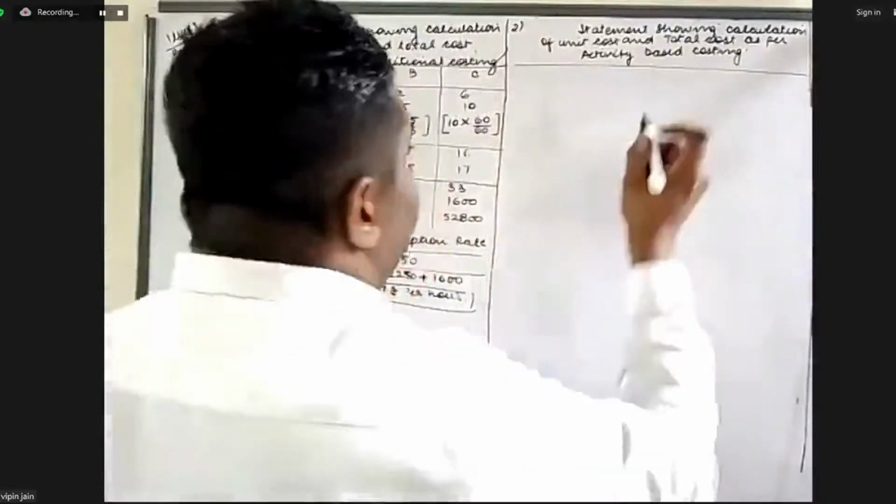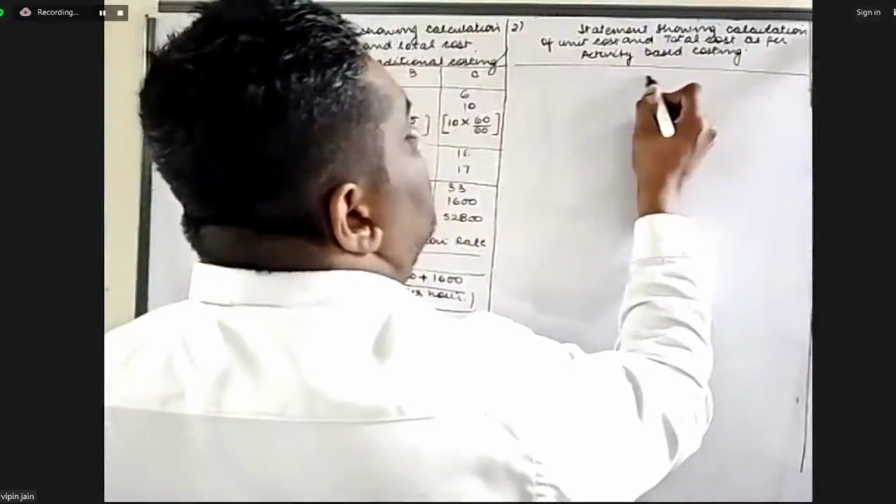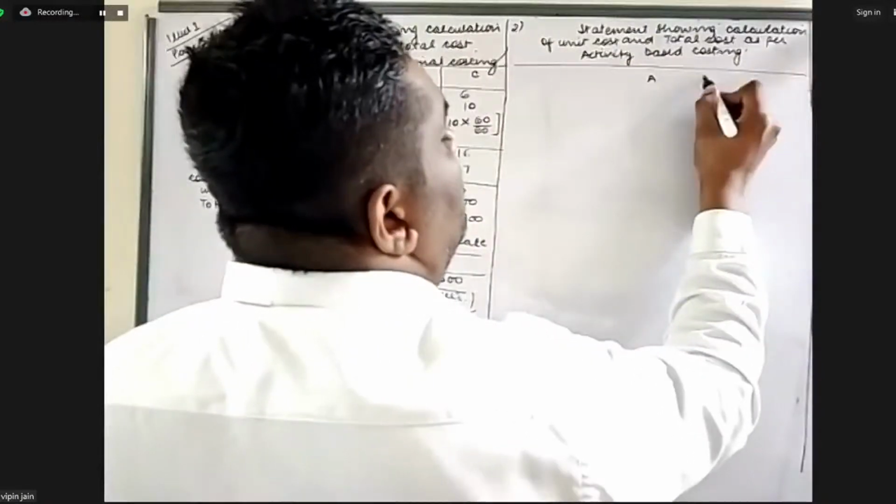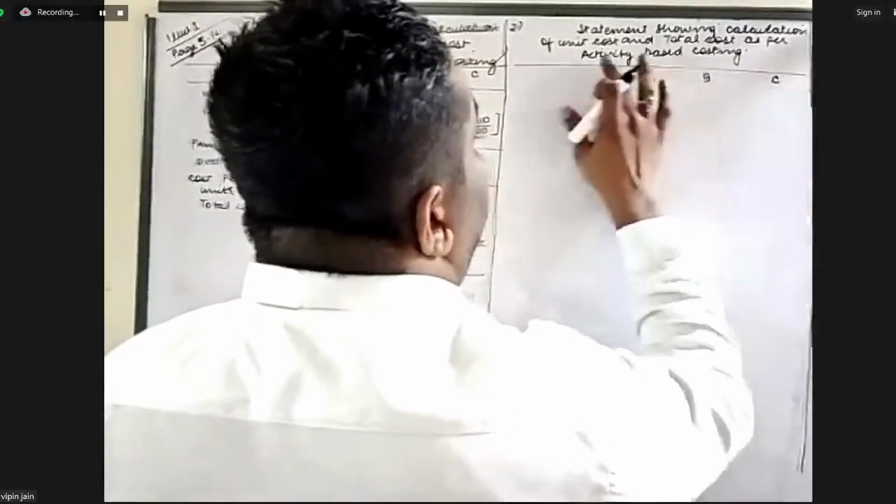Again, three products, that is A, B, and C.